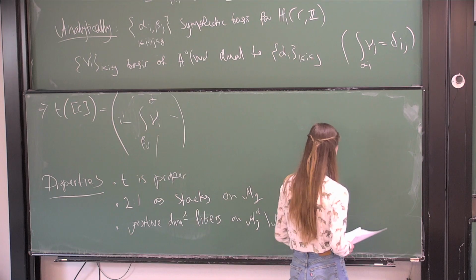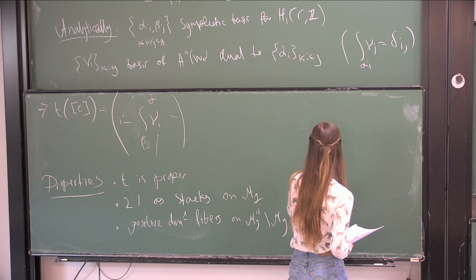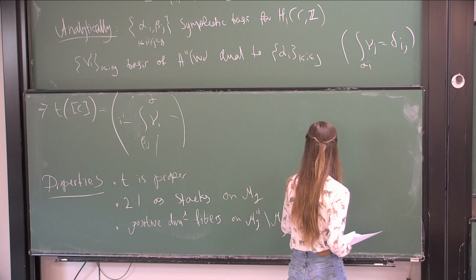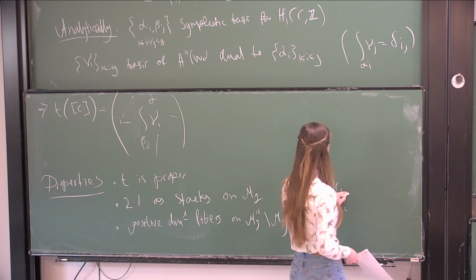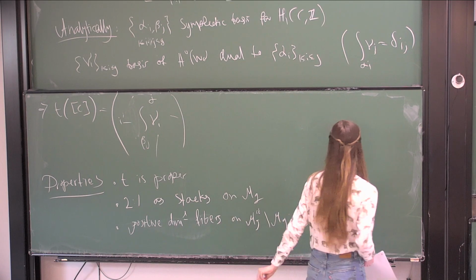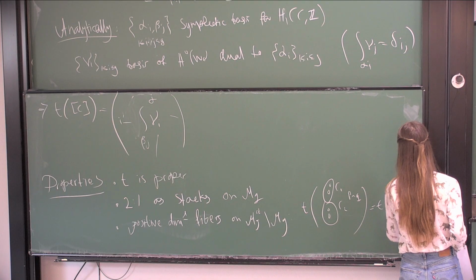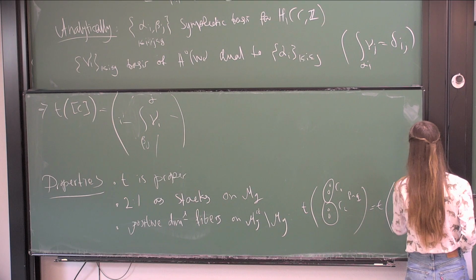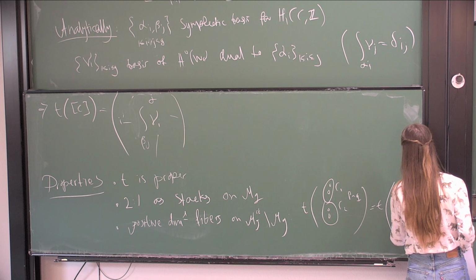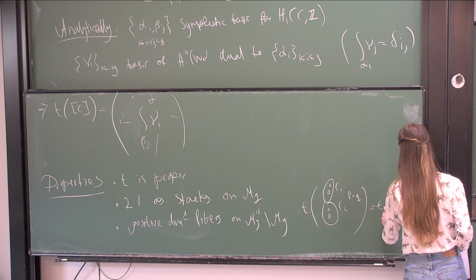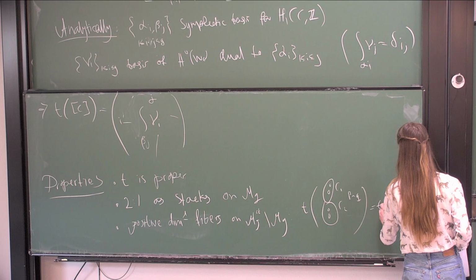So the Jacobian of two curves C1 and C2 glued together at points P and Q will be the same as the Jacobian of the same curves glued together at different points. So when g is greater than 2, this means that we get positive dimensional fibers.